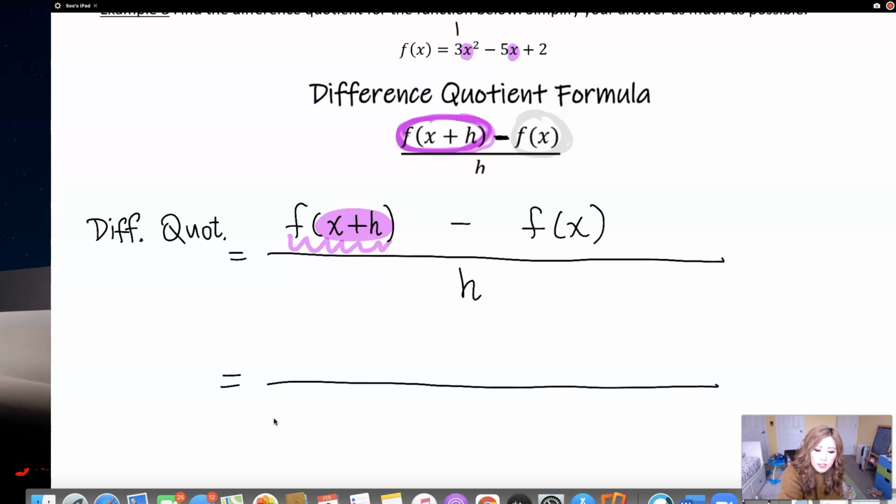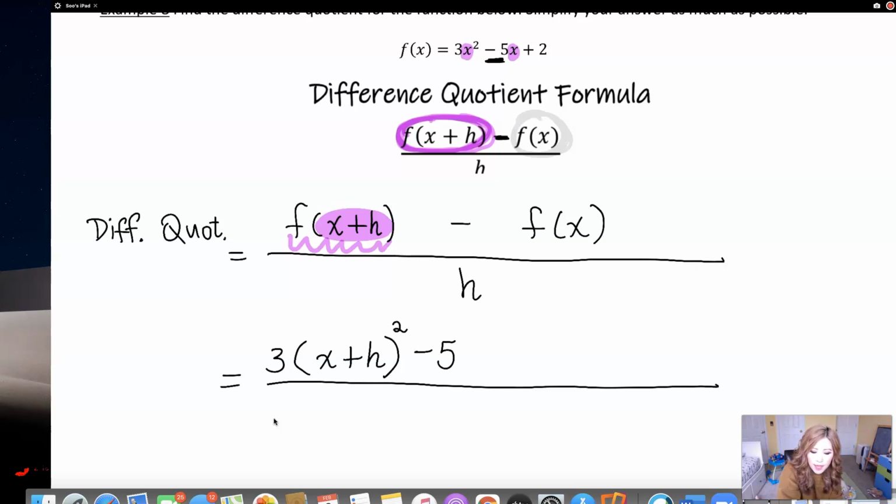Start by writing 3 first, right? Write the 3. But instead of x squared, open a parenthesis. What goes in here? Plus x plus h goes in here. And then you square that one. What we just wrote is this term, but we replaced that purple highlighted x by x plus h. We got a couple more things to write, right? Let's keep going. What's next? I need to write minus 5, right? Minus 5.